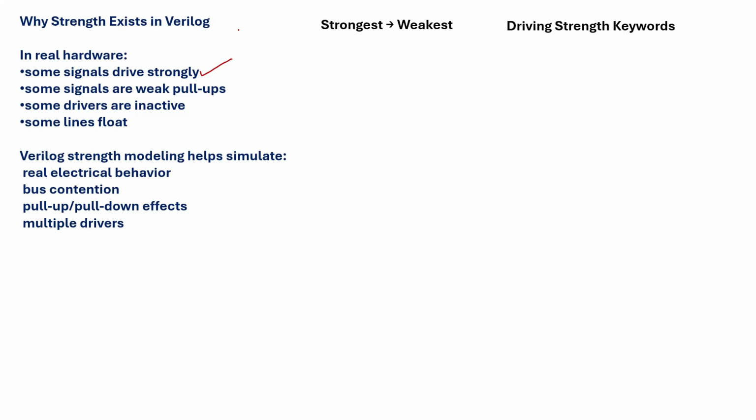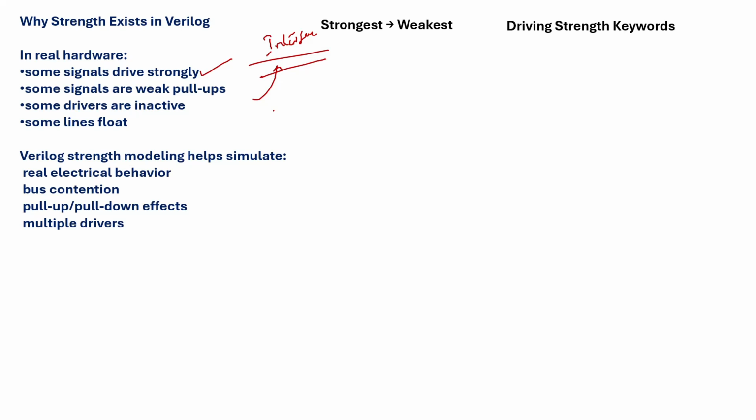Suppose this is my one interface, and this interface is driven by two signals of the same strength. Then a conflict will occur, right? My simulator will not know who is winning the race.